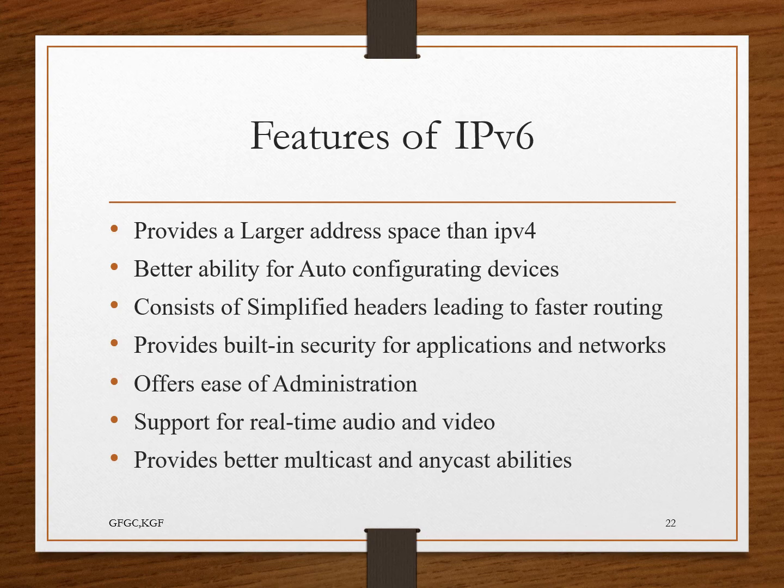There is support for real-time audio and video. Administration is easier and it also provides better multicast and anycast abilities. Multicast, as you know, allows a single packet to be transmitted to multiple destinations in a single send operation, and it also supports unicast and broadcast.